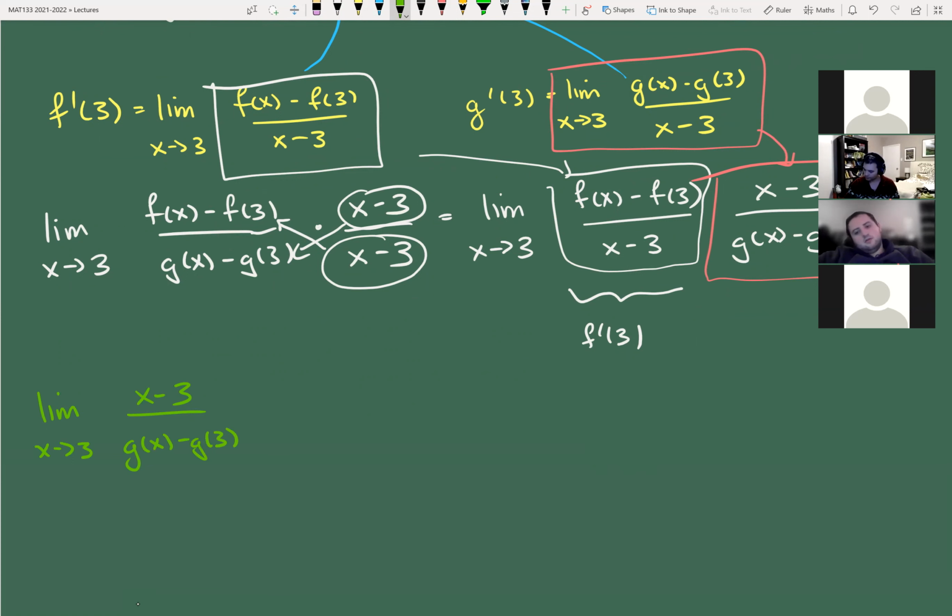That's the same thing as the limit as x approaches 3 of, and this is kind of gross when we write it like this, but perfectly legitimate, right? If I take 1 over a fraction, it's the same as flipping that fraction upside down. So these two things are equal. Is everyone okay with that? Yeah, that's okay.